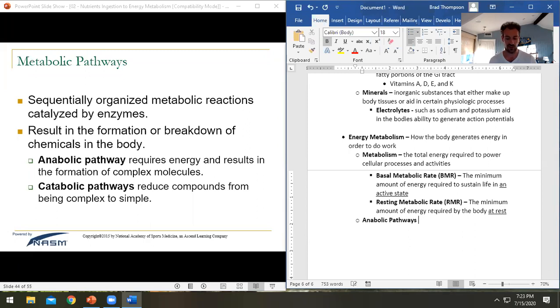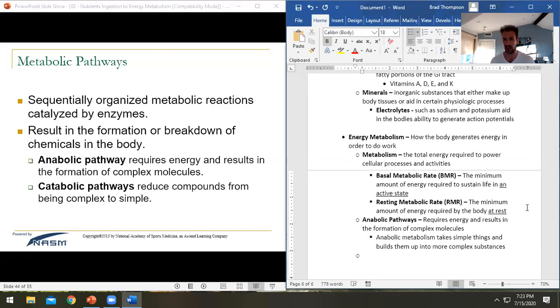which are sort of what we're all aiming for, but this requires energy and results in the formation of complex molecules. Right, so anabolic metabolism takes simple things and builds them up into more complex substances, right?